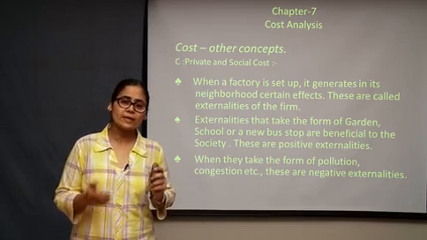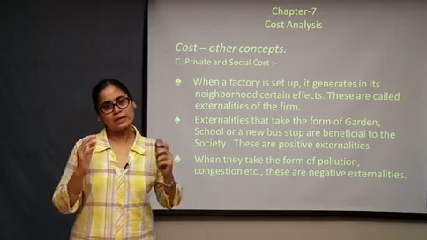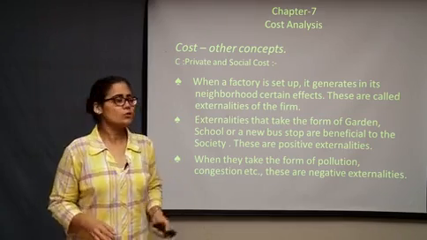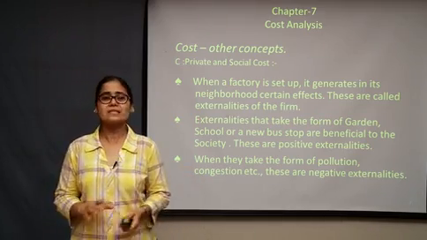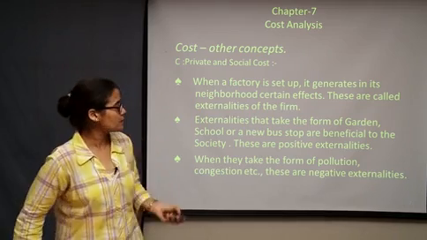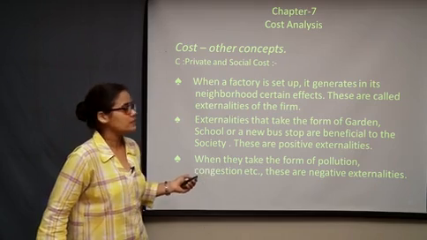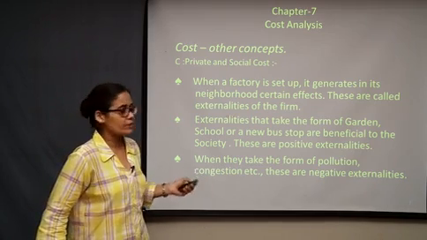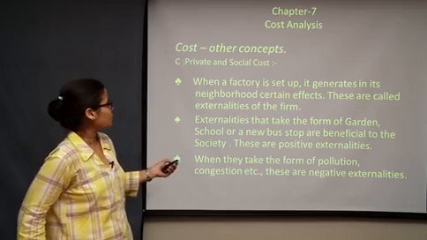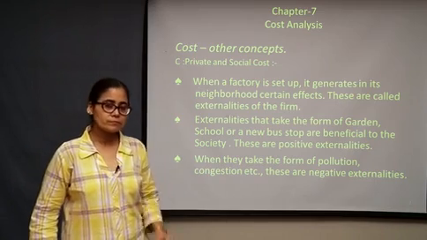In fact, even if you take two identical electronic manufacturing firms, you won't find them spending the same amount of money, because each individual firm or company has its own balance sheet with its own expenses. So that is called private cost.